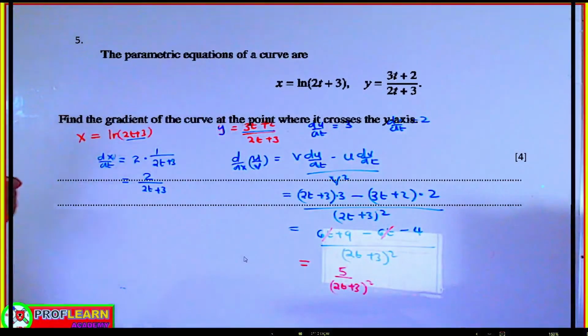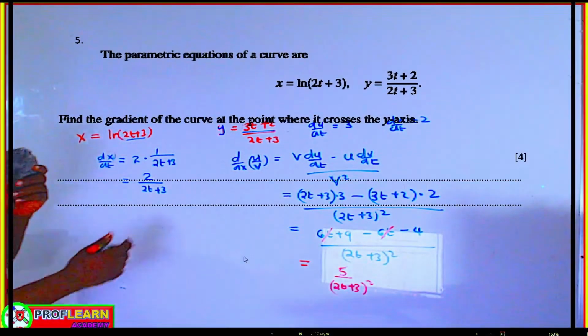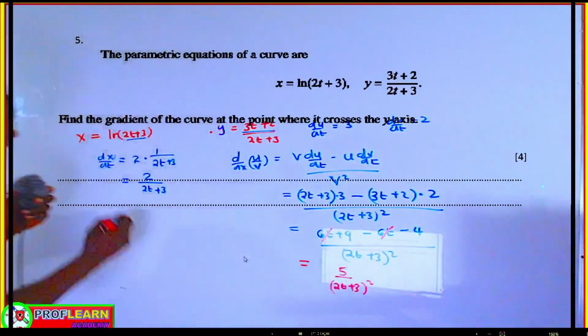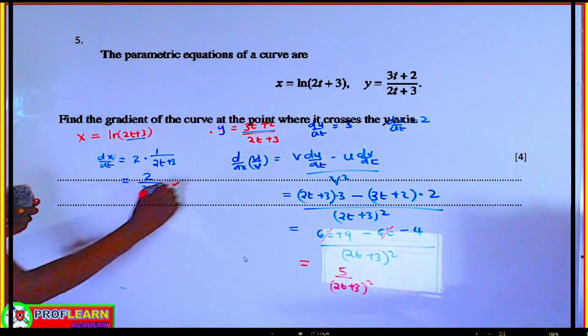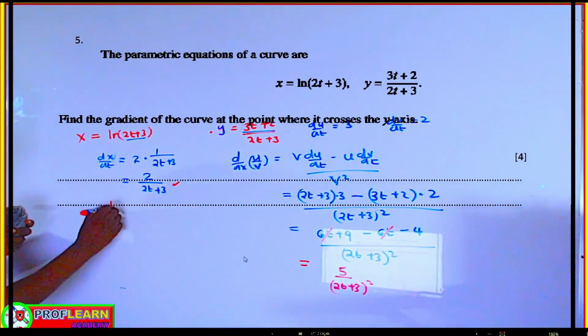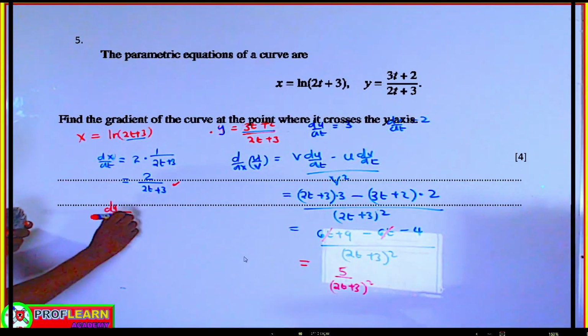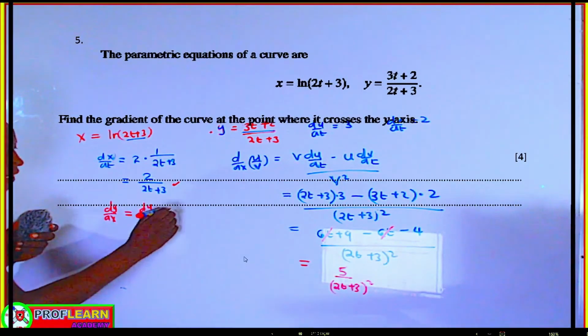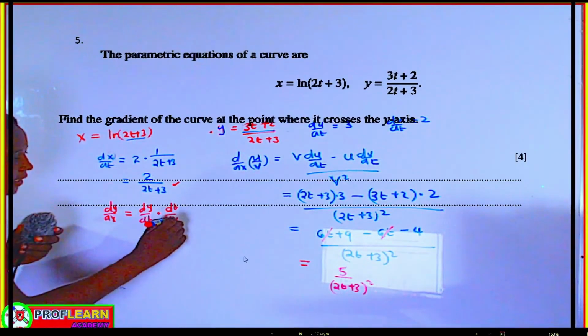Now, once I have this done, we can say dy dx is equal to dy dt times dt dx.